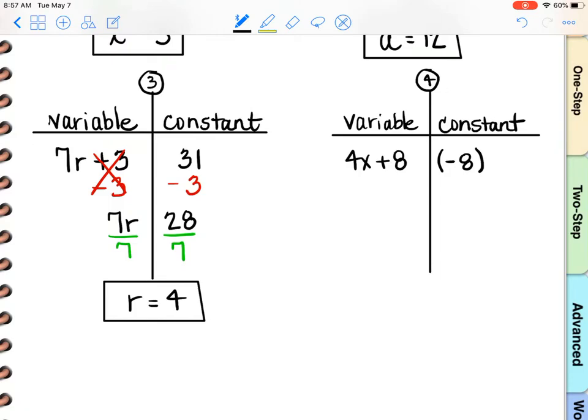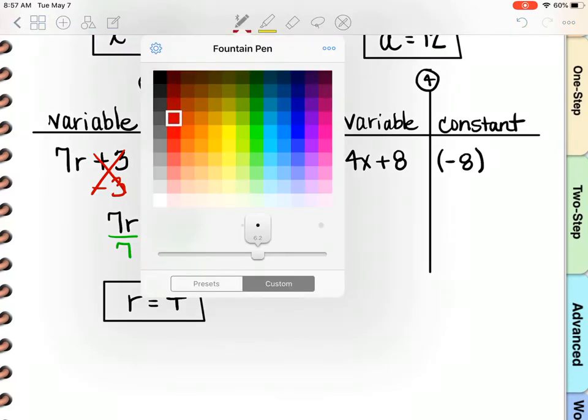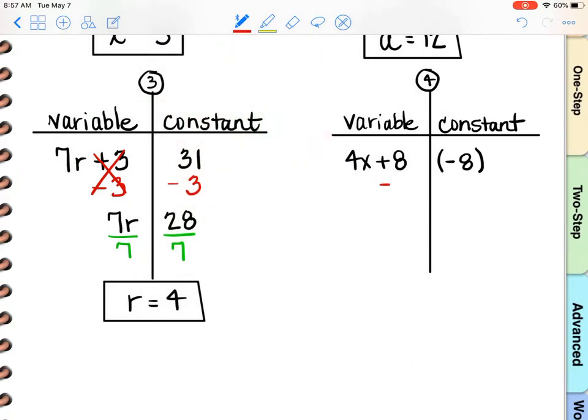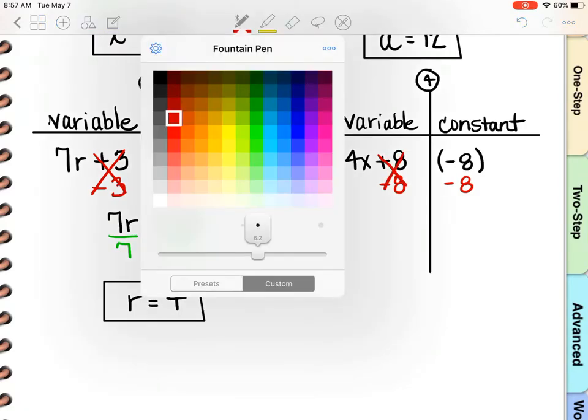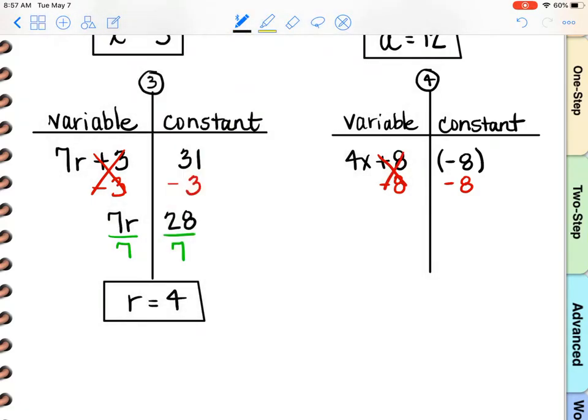There's no math to do there. So the first thing I'm going to do is move the 8. So we'll minus 8 and cancel. Since this looks a little funny, let me tell you how to type this. You would say 8 negative, subtract 8. And you should get a negative 16 over there.